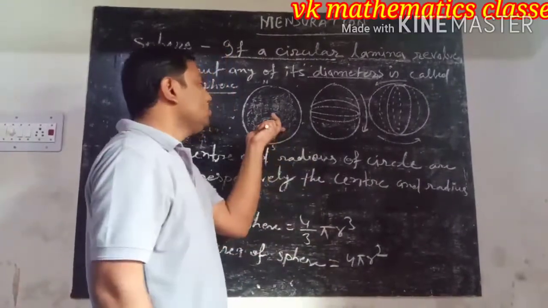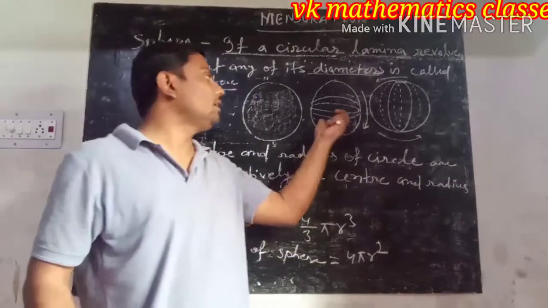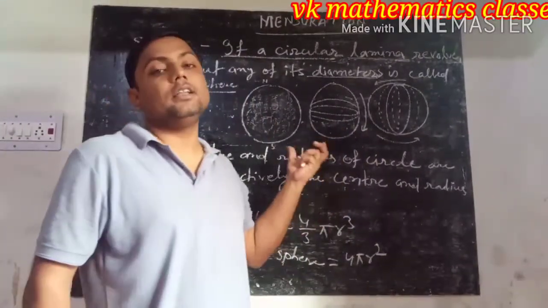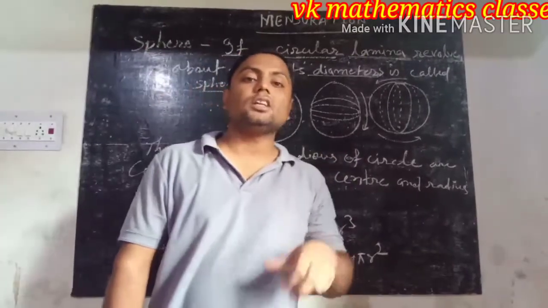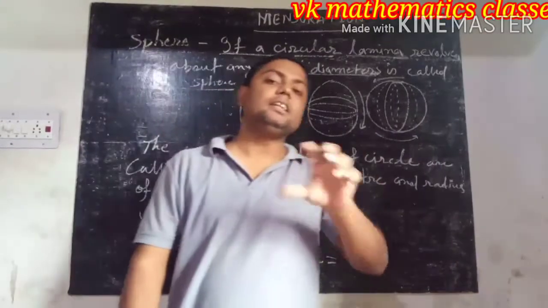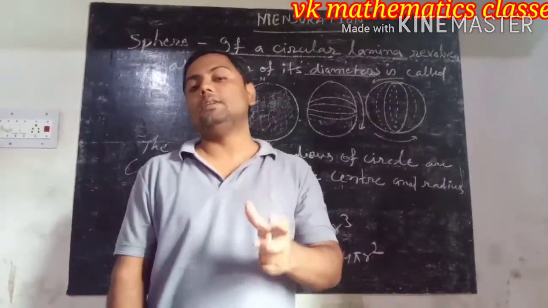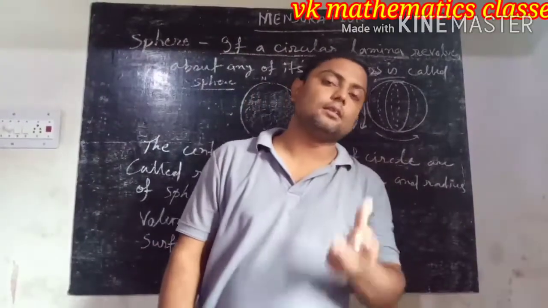The circle is a two-dimensional shape, but the sphere is a solid shape. That is, we can also write: a solid shape which is formed when a circle rotates about any diameter is known as a sphere.